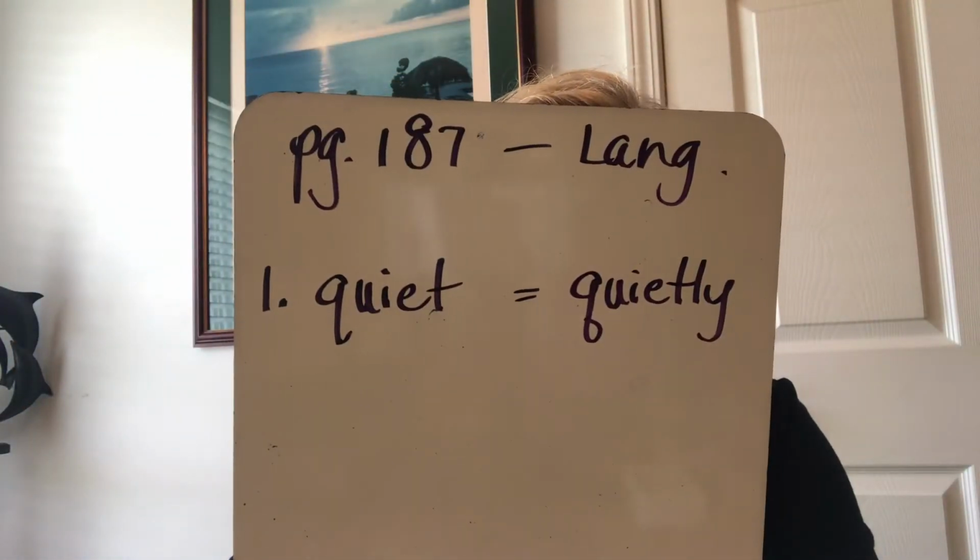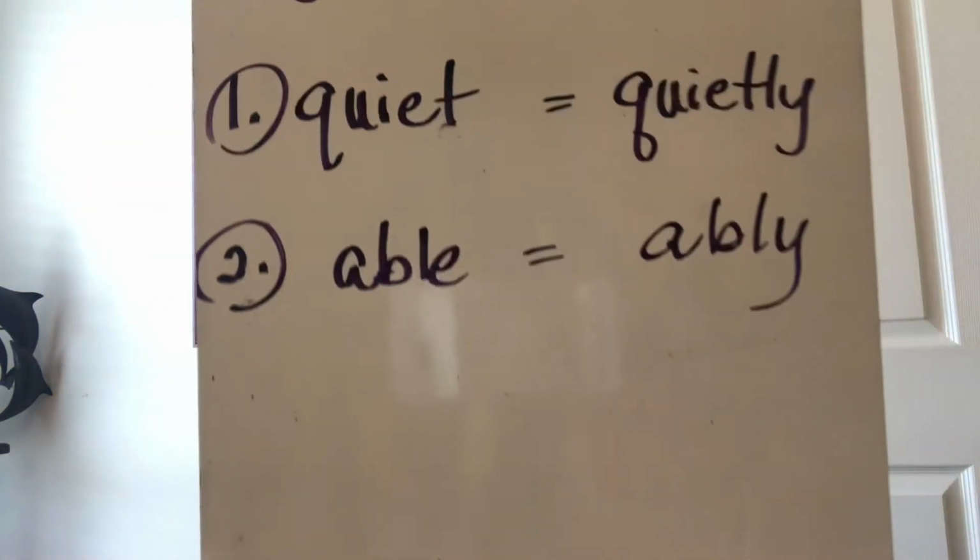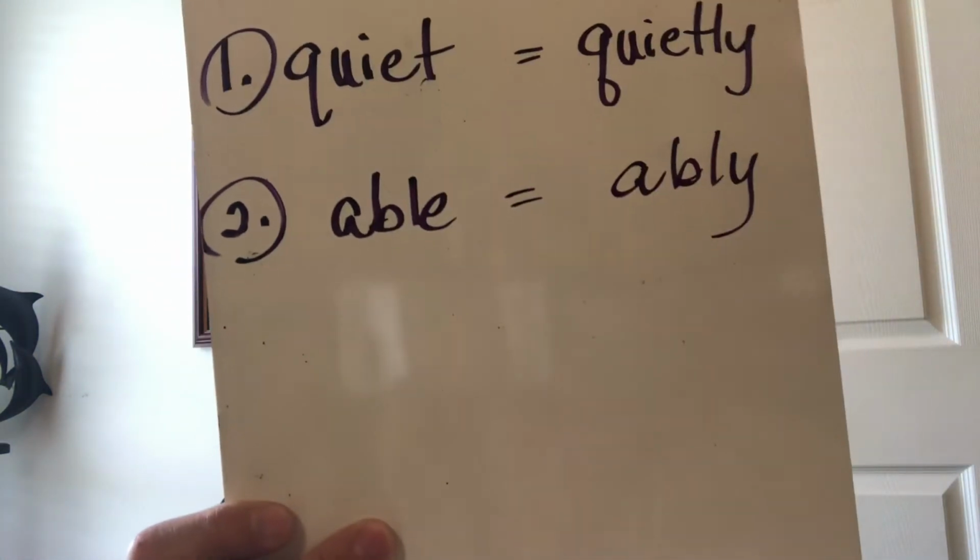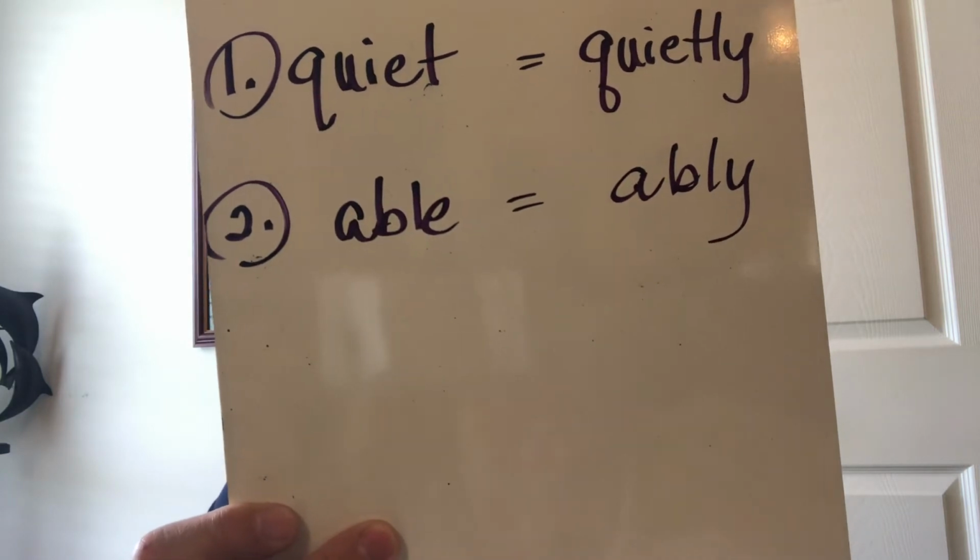Quiet to quietly. Okay, that's not hard. I'm adding an ly. Yep, well, let's look at number 2. Number 2, able. Here, I'm going to drop the e and add ly. Ably.